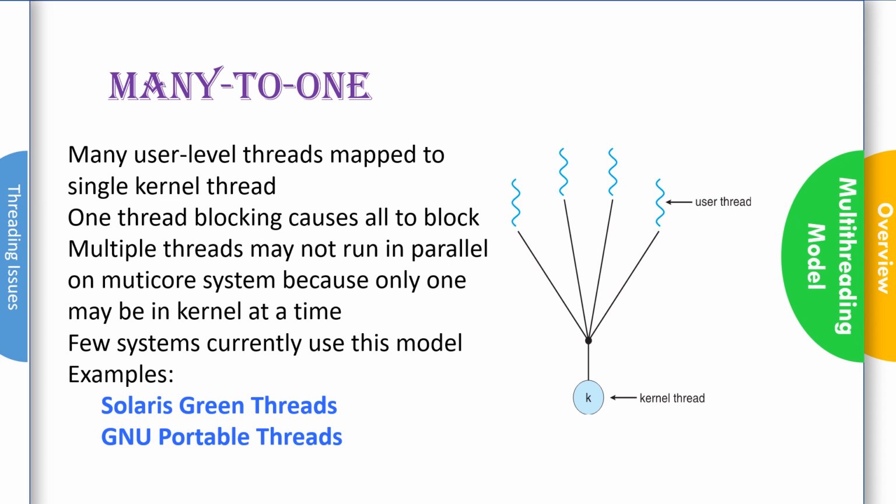There is a disadvantage that if one of the threads calls a system blocking call, then all the other threads are also blocked, because the kernel thread itself is blocked. Operating systems like Solaris Green Threads and GNU Portable Threads are the ones which are using this type of model.